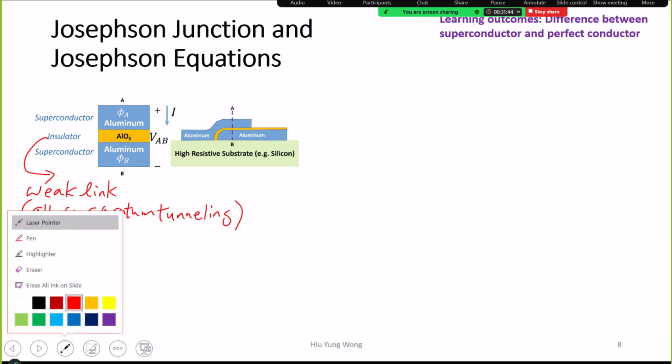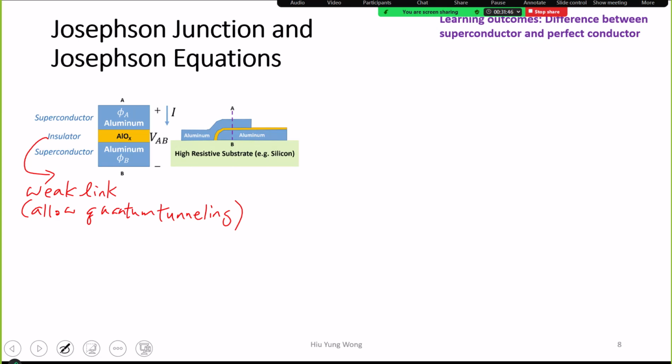But now we can use what we just learned. I have two regions, region A and region B, right? Isn't it that I say this one is a superconductor, a group of Cooper pairs? They occupy the same state. So I describe the whole thing with one wave function, psi A, right?